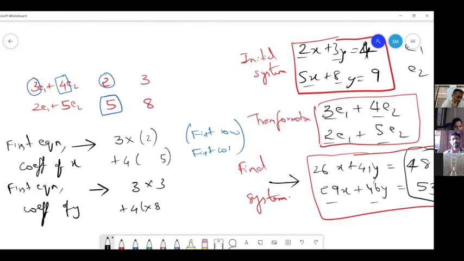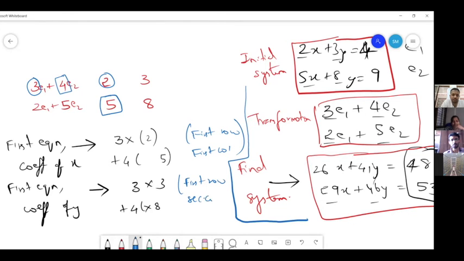So now, have you seen anything like this before? Remember? Still no. No problem. Matrix. So you're taking the first row and second column.